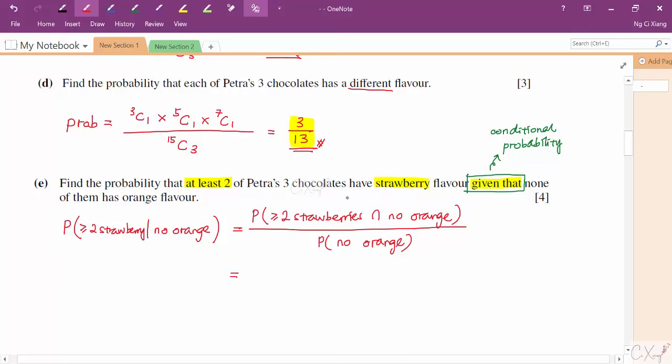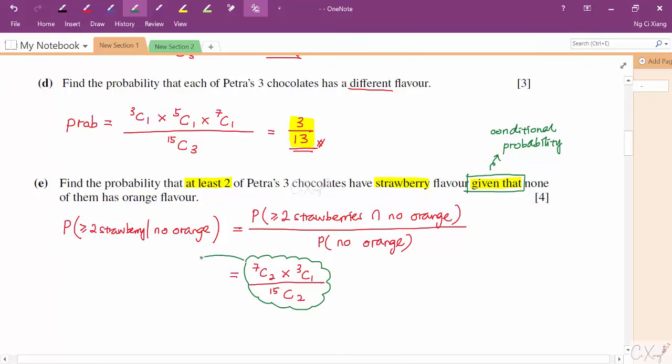Okay, now we have to consider what the possible cases are for at least 2 strawberries intersect no orange. For the first case, we might have two strawberries with 1 lemon. If we have 2 strawberries, then it will be 7C2, multiplied with 1 lemon, which is 3C1, divided by 15C3.